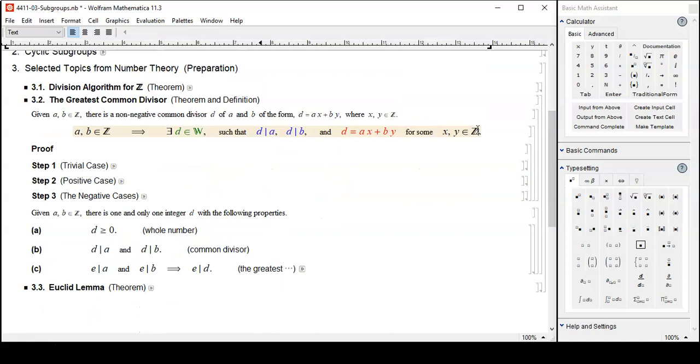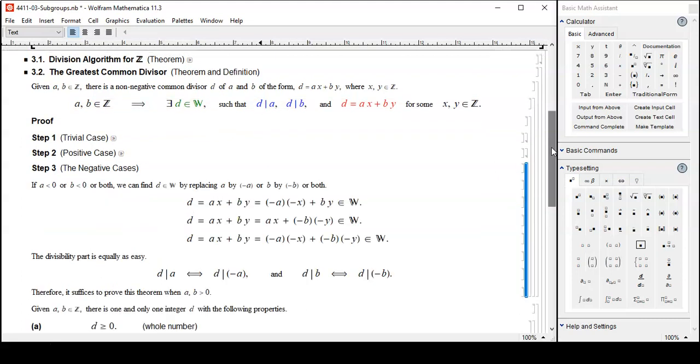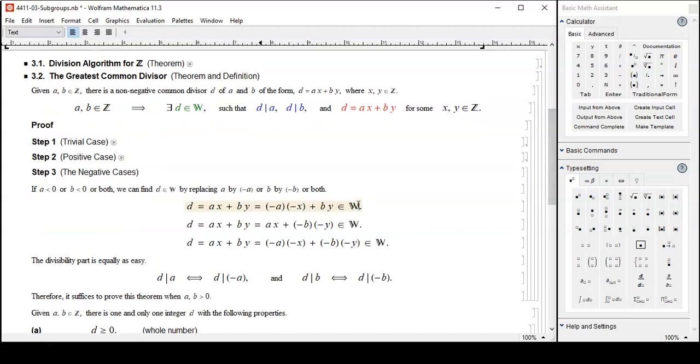So this is true when a and b are both positive integers. Now what if one or both of them are negative? No sweat. Use this observation. If a is negative, then ax can be rewritten as negative a times negative x. When b is negative, negative b times negative y.